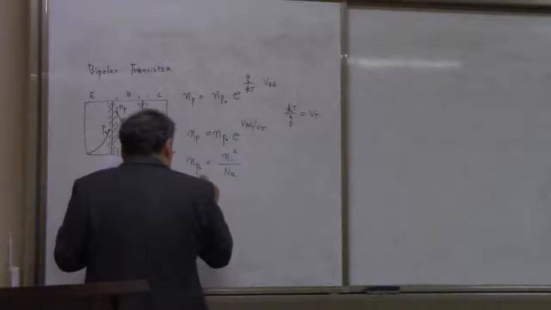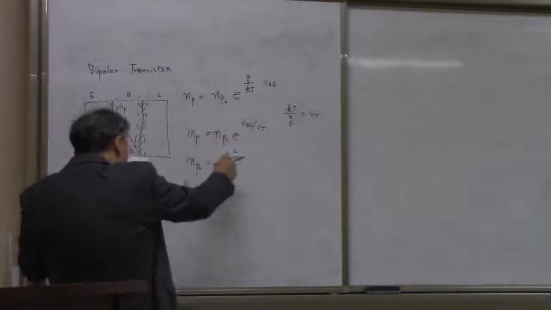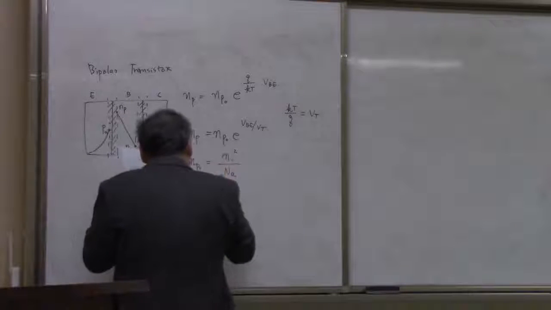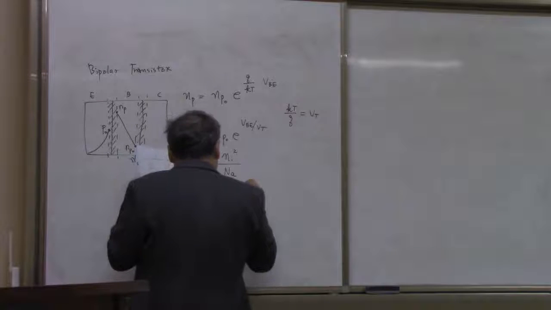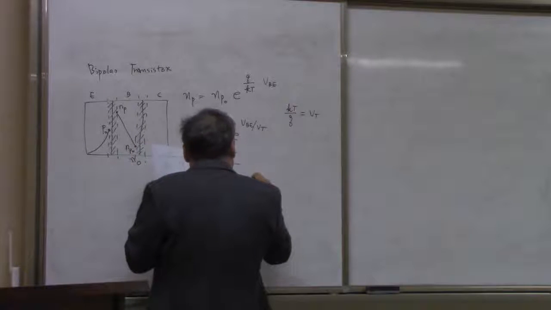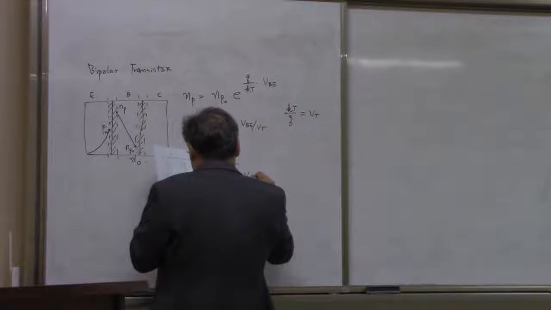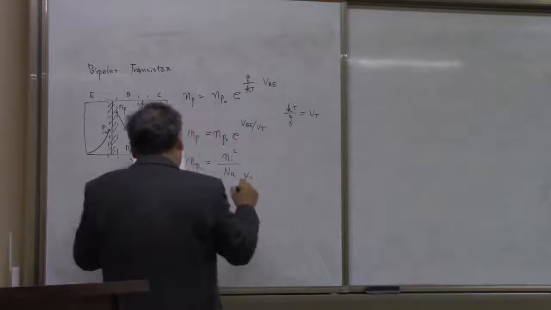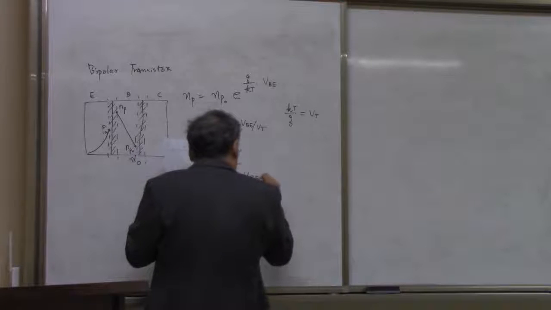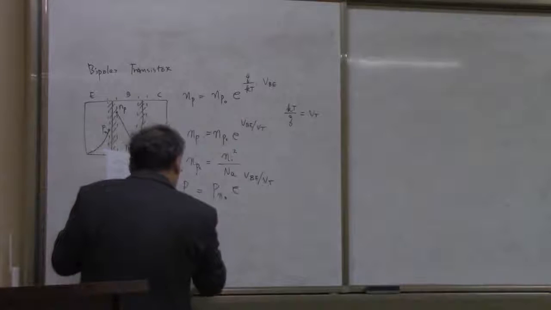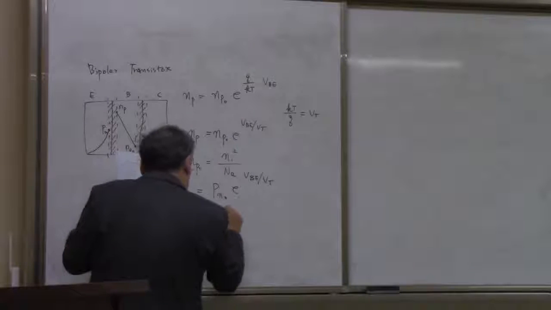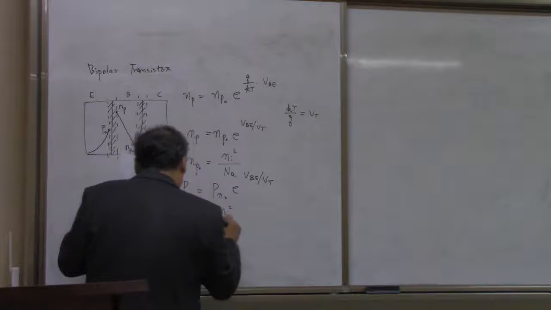We have discussed this equation in the last diode lecture, and also VBE over VT here, and then P_n0 is equal to Ni squared over Nd, right?